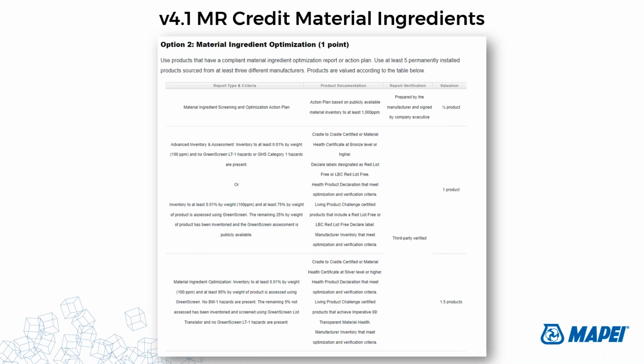Showing better hazard scores or having a plan in place will result in contribution to additional points under this material ingredient credit option 2. It requires that project teams use at least 5 permanently installed products sourced from 3 manufacturers.